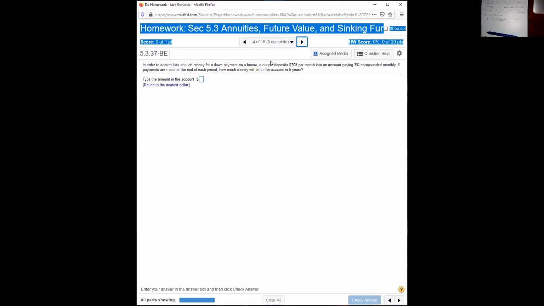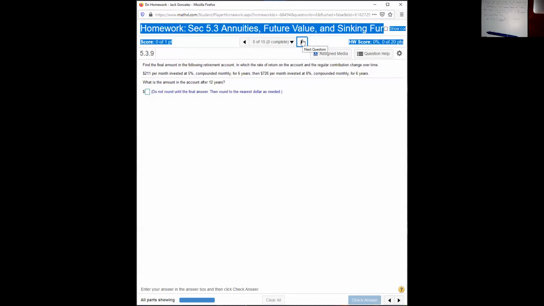Payment is right there, a couple of deposits per month. So 3% compounded monthly: rate 0.03, M of 12, payment 708, T is 5. You plug all this in, and it'll be the exact same question.